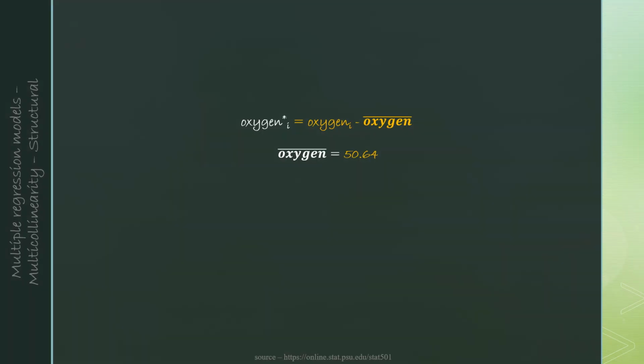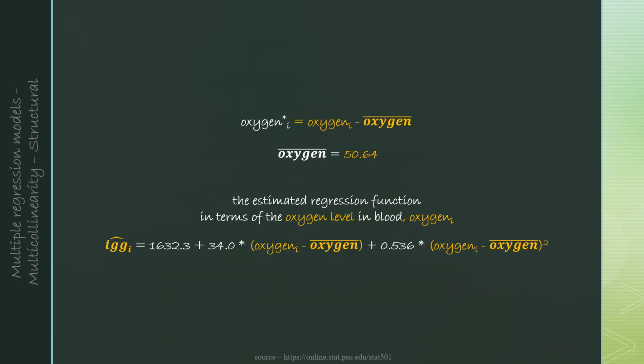Since oxygen i star equals oxygen i minus the mean value oxygen bar, and oxygen bar equals 50.64, the estimated regression function in terms of the oxygen level in blood, that is oxygen i, the original predictor, is given by IgG i hat equals 1632.3 plus 34.0 multiplied by (oxygen i minus oxygen bar) plus 0.536 multiplied by (oxygen i minus oxygen bar) the whole square.